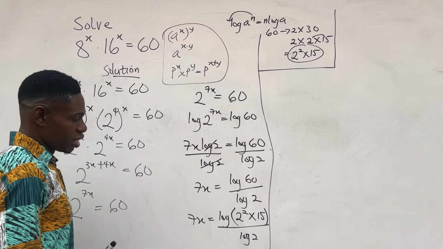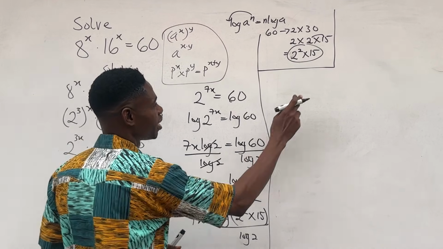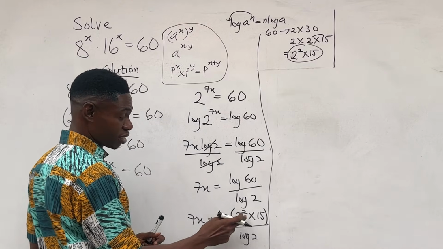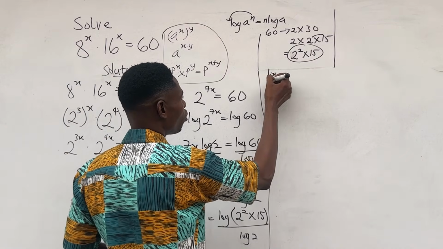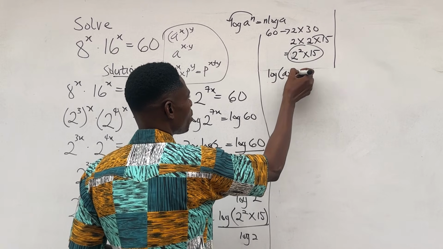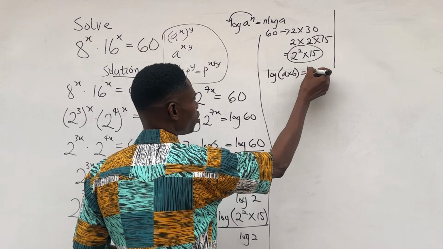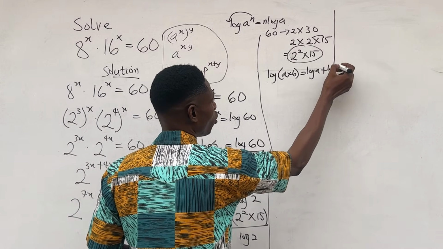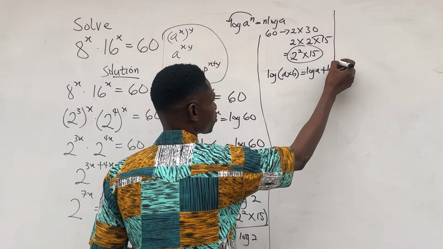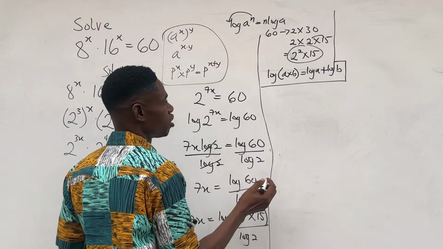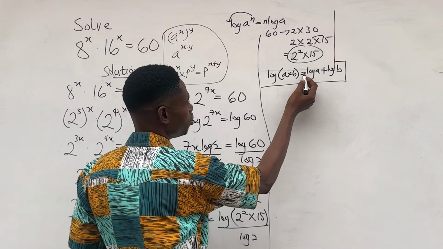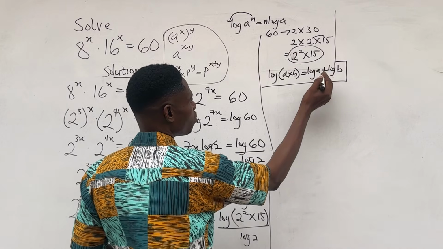Now, there's this law of logarithm that says if you have log of a multiplied by b, that can be written as log a plus log b.